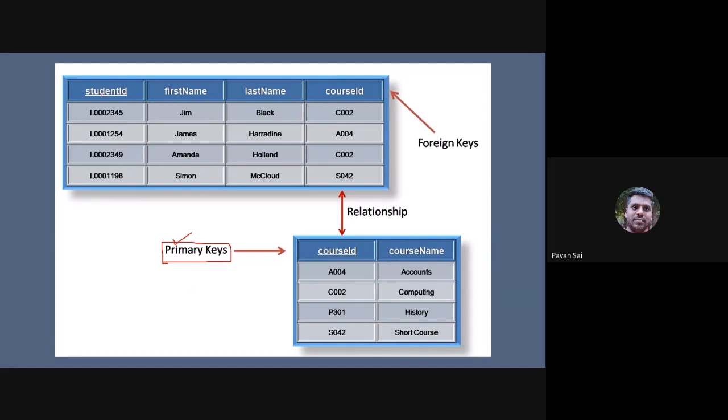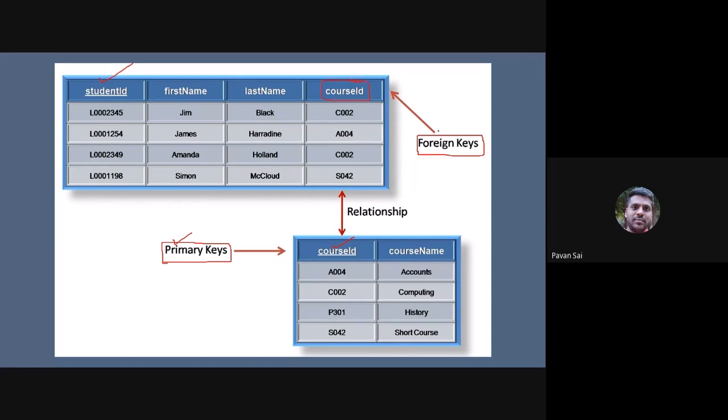So this is a student table where I have the first name and last name. The student ID acts as the primary key, and for the course table, the course ID acts as the primary key. Now there is something called a foreign key. What we understand by foreign is something that comes from outside. In my student table there is one more ID apart from the primary key ID, which is coming from another table.